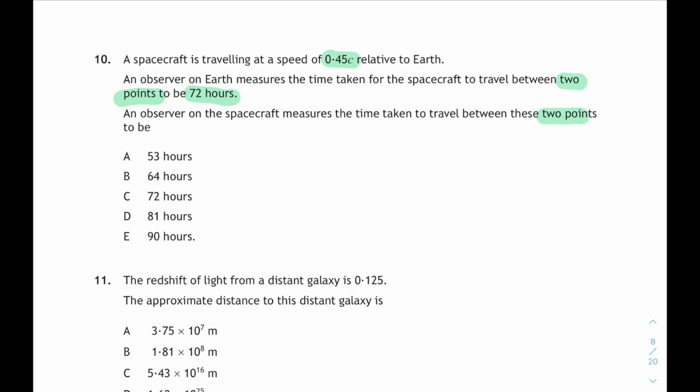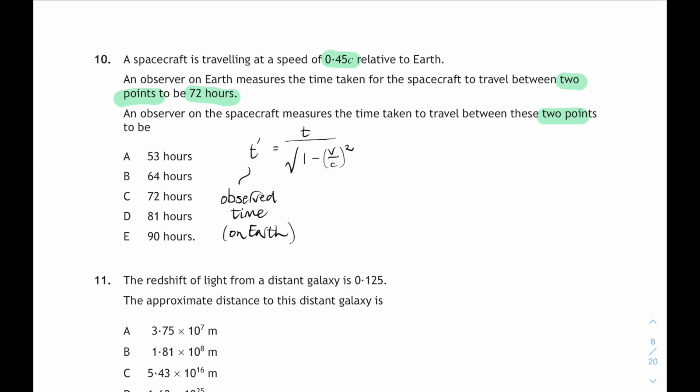And bearing that in mind, the observer on the spacecraft will measure a shorter time to travel between the 2 points. So using that information and our relationship for time dilation, t dashed equals t over the square root of 1 minus v over c all squared, then t dashed is going to be the observed time on Earth.